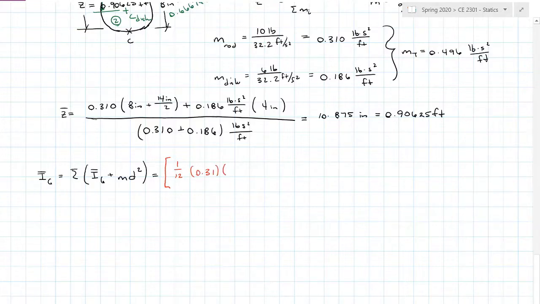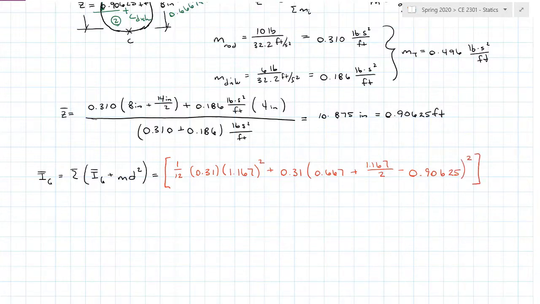So the rod has a centroidal mass moment of inertia of 1/12 mass times the length squared, and that is in feet, plus the mass times the distance I want to travel. Okay, so measuring from the bottom, I need to move the entire disc plus halfway up the rod, and then I'm going to subtract that centroidal distance measured from the bottom, squared. I'm going to add to this the disc.